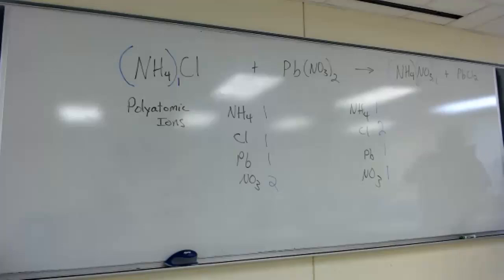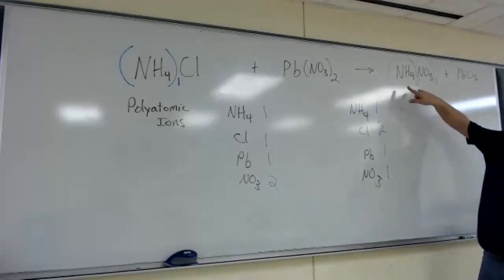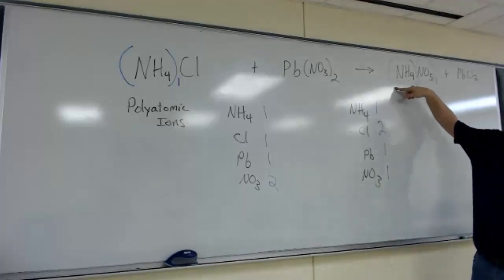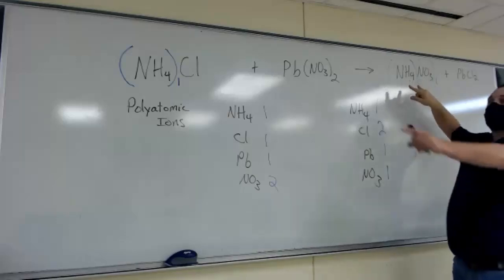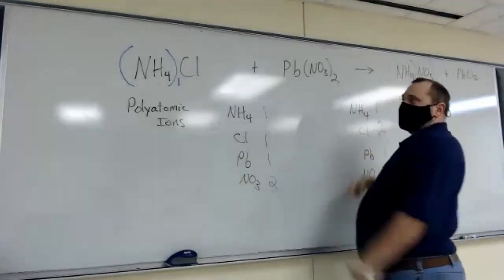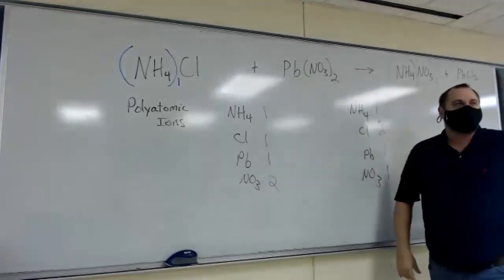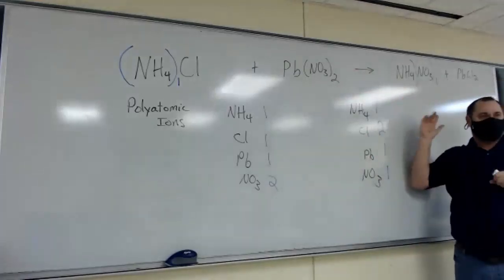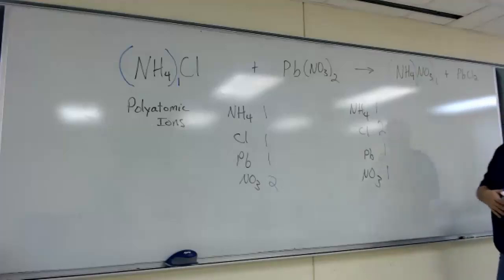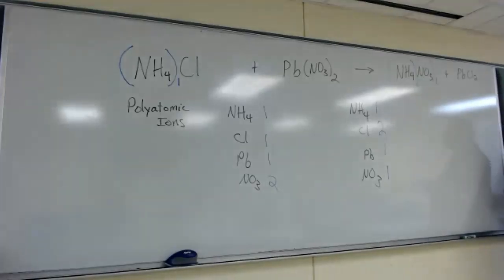Now this part becomes a lot easier, but I had to keep these together in one piece. Now, if it's not on the same thing on both sides, if I don't have an NH4 on both sides, I can't do this. Versus if I was making ammonium like that.